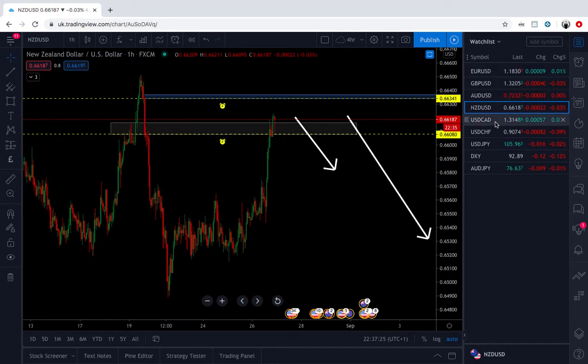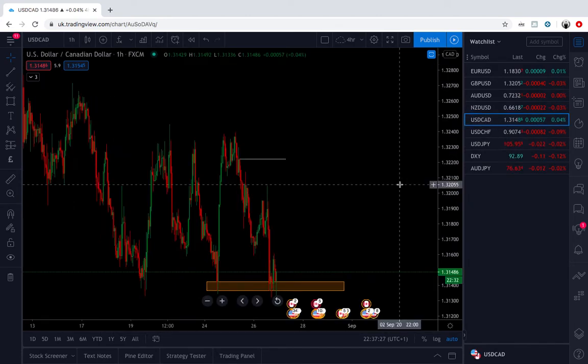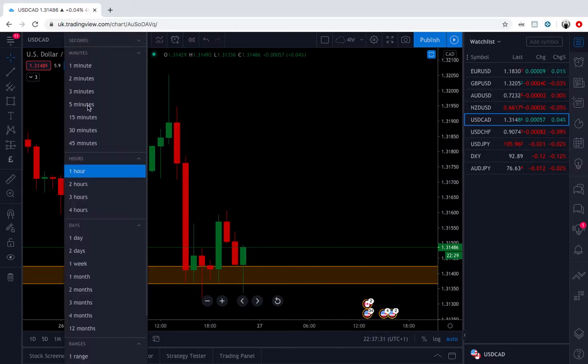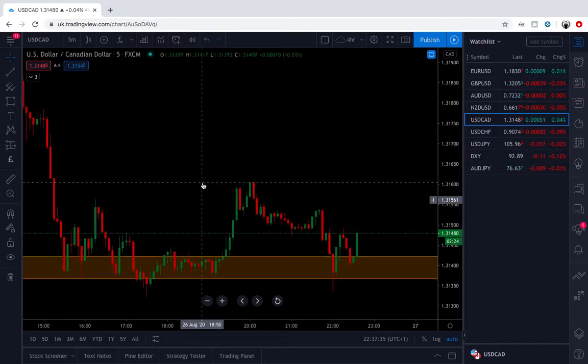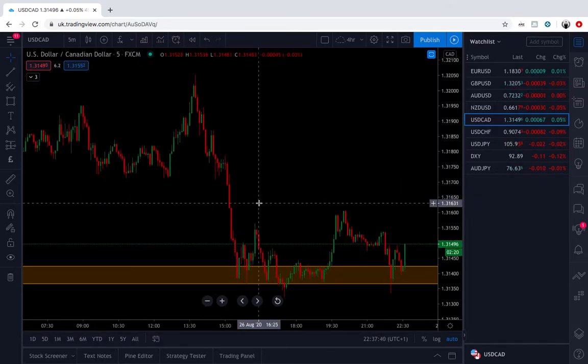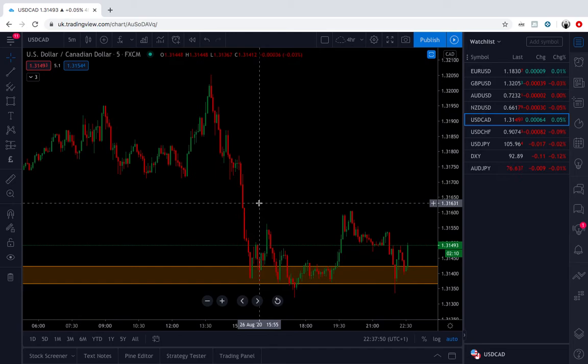So that's NZD-USD. With USD CAD today, I took a nice trade as well, and I think it's still probably valid, but I like to just take it, and as soon as it hits my TP, I'm out. With USD CAD, I entered at 1.31392, and TP was 1.31599. I had two positions on.